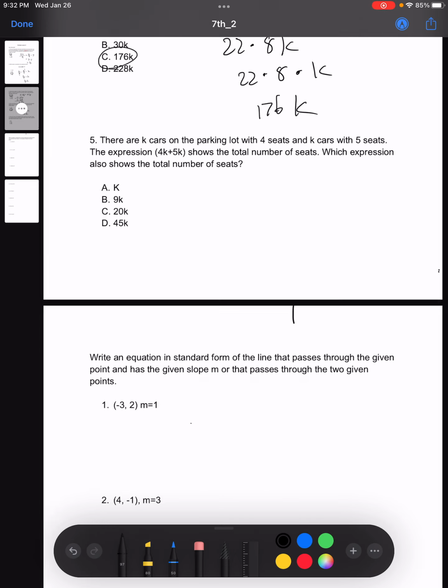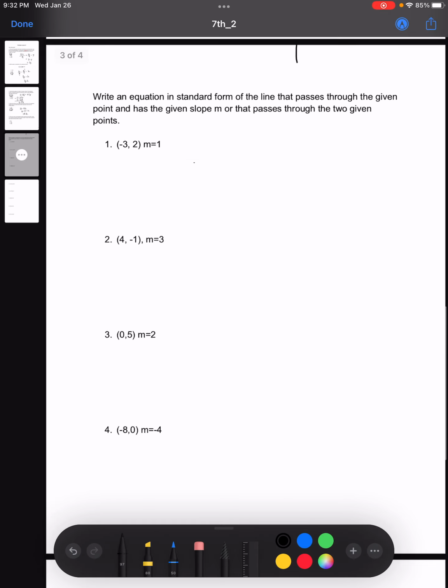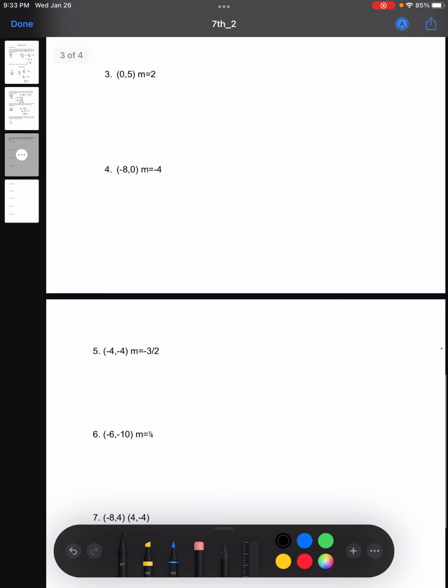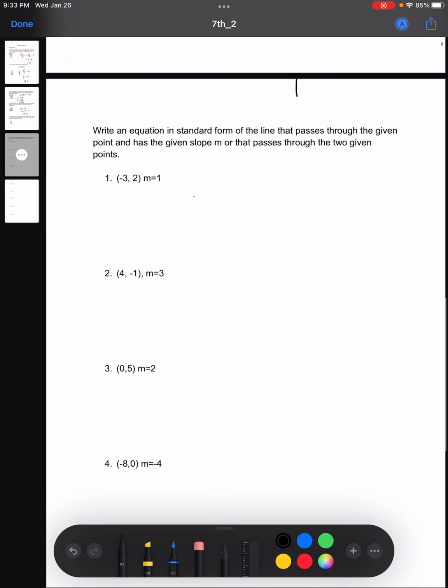Let's move on. Write an equation in standard form of the line that passes through the given point and has the given slope m, or that passes through the two given points. So for these first few, there's a concept we can use called point slope form.